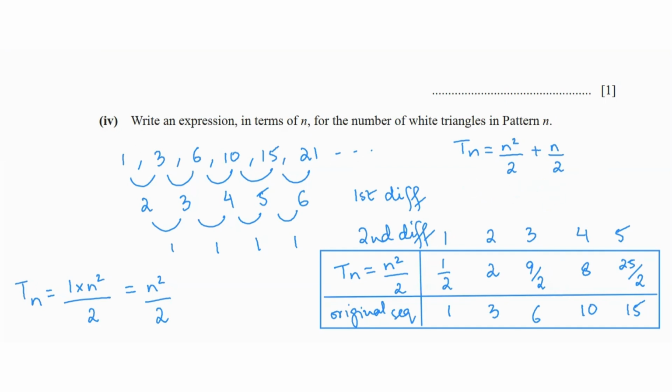T2 would be 2 squared over 2 plus 2 over 2, which is 3. So as you can see, as we substitute values of n, we're getting the original sequence again. So nth term for the white triangle is n squared over 2 plus n over 2. That is your answer.